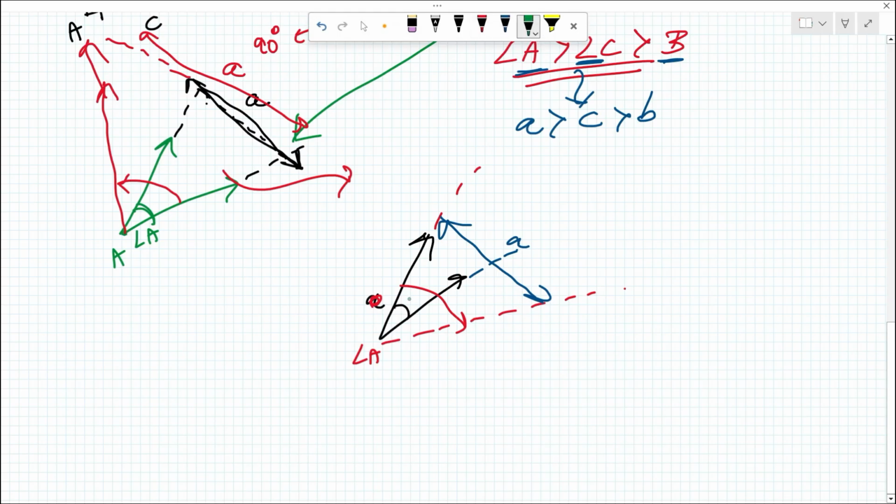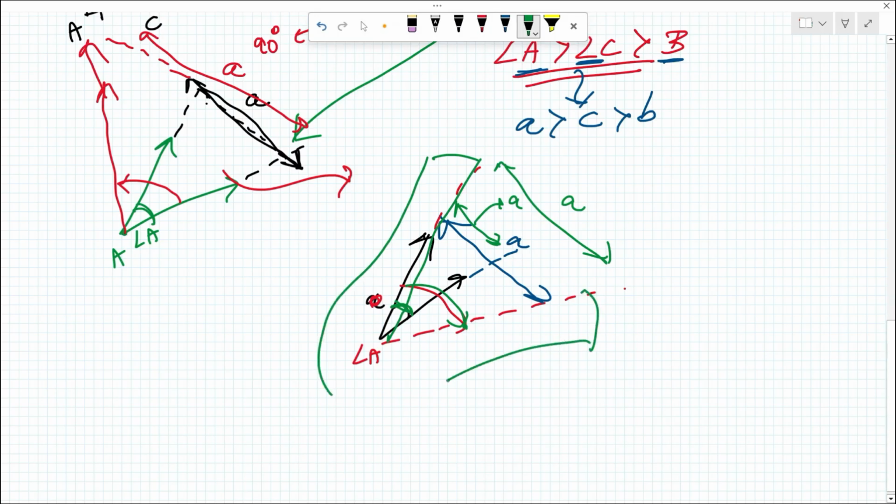Initially when angle A was this much, this is the length of the side opposite to angle A, whereas when you increase the angle, now this is the length of the side opposite to angle A. So you can visualize this as if this is a crocodile that has opened its jaws.